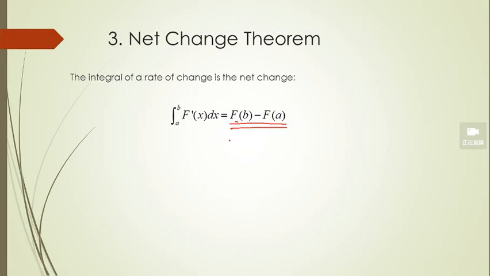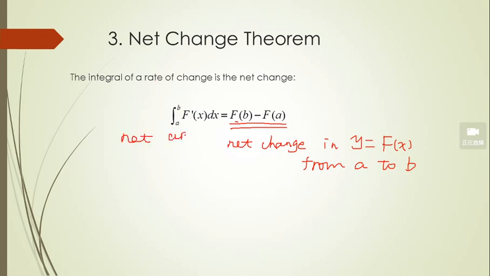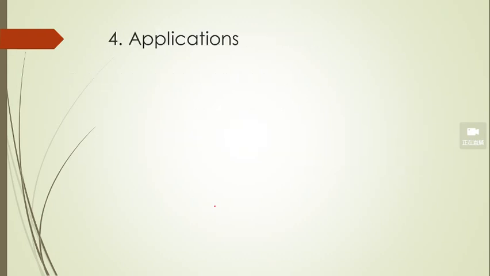This part is called the net change in y, F(x), from a to b, or when x changes from a to b. And we know what this part means: this is the same as the integral from a to b of small f(x) dx. This is the net area. So that is the net change.